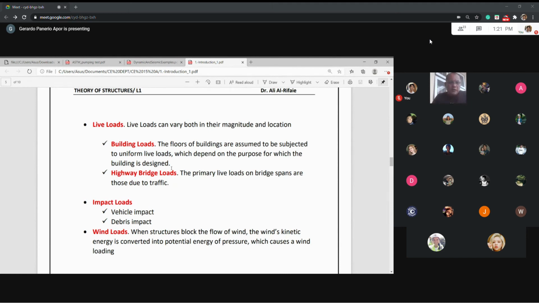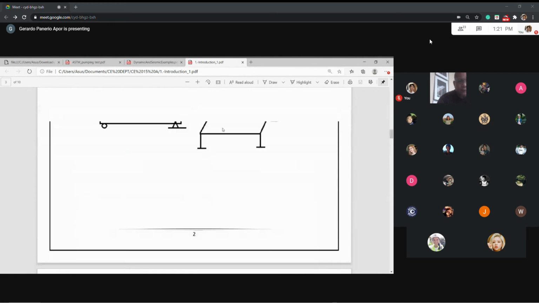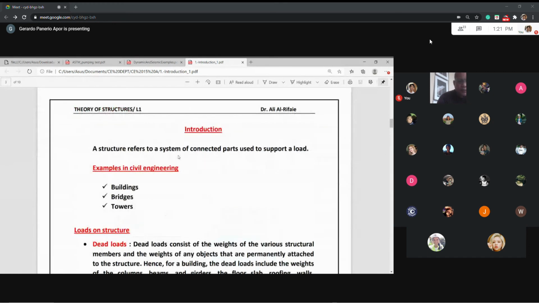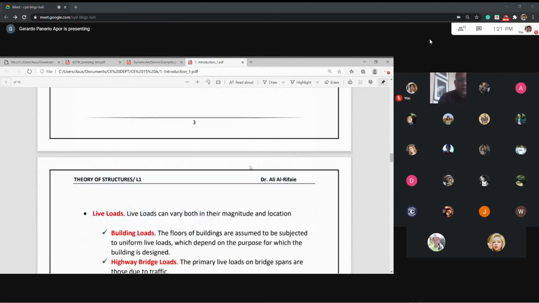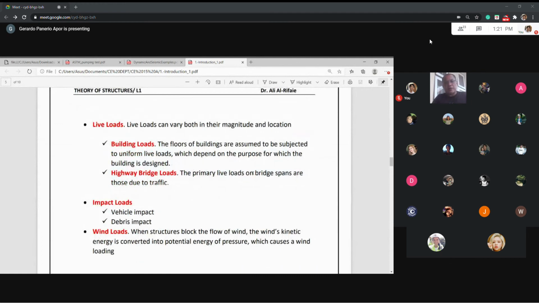But bridges are designed for that. A structure, as defined here, refers to a system of connected parts used to support a load. So it is designed to support the load. That is our objective here in the theory of structures: we are going to design or analyze structures subjected to different types of loadings.